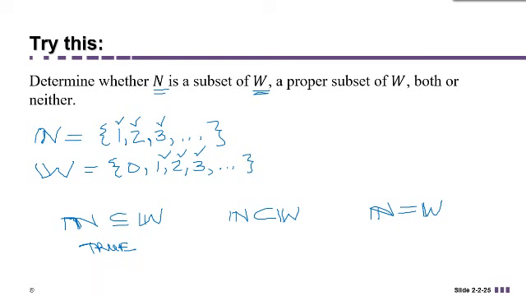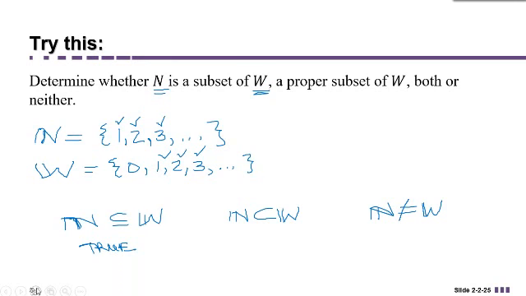Another way of answering this question is, is there an element of the whole numbers which is not in the natural numbers? Because if there is, then they're definitely not equal, right? Yeah, that's right. It's a proper subset. It's not equal, and it's because of the number 0.